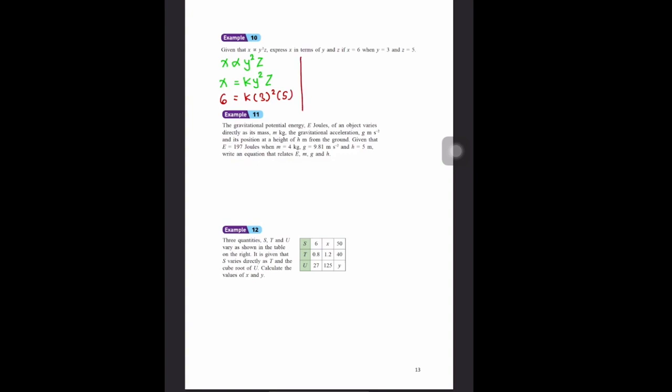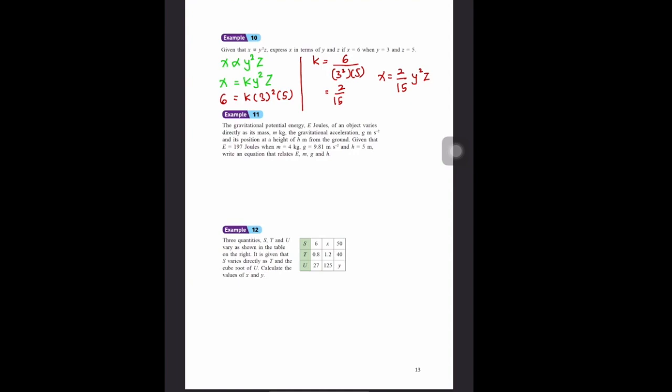From this, you can get k equals 6 divided by 3 square times 5. So k equals 2 over 15. So the answer is x equals 2 over 15 y square z.